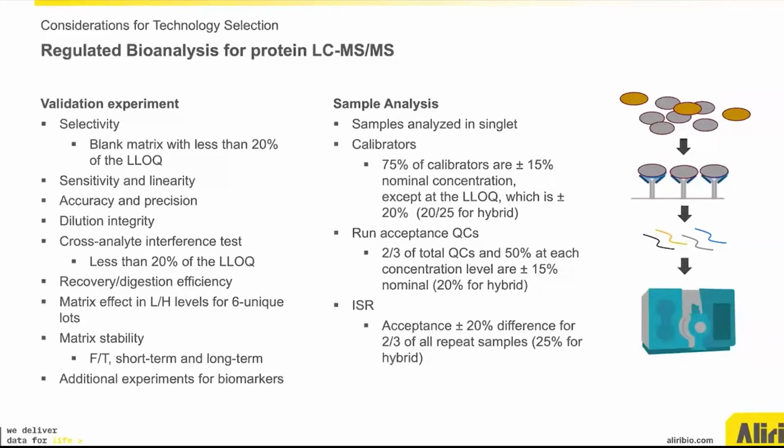So one key point in the timeline that we've not talked about yet is method validation and sample analysis. For example, this slide shows the typical method validation acceptance criteria and experiments for a protein LCMS assay. For this validation, selectivity, dilution integrity, and matrix effect experiments would be performed following a small molecule mass spec experimental design.